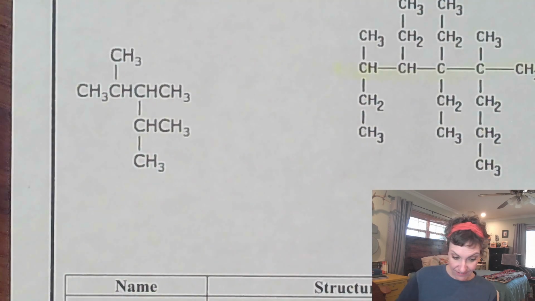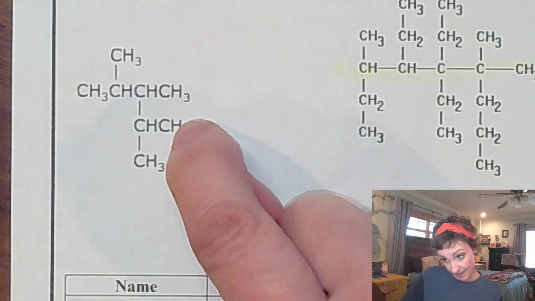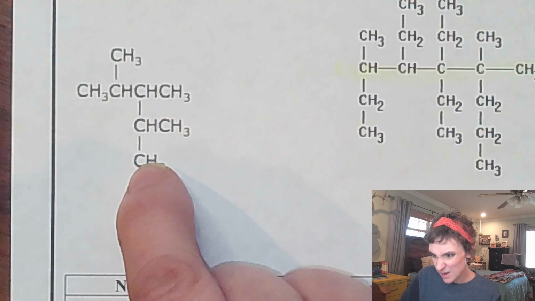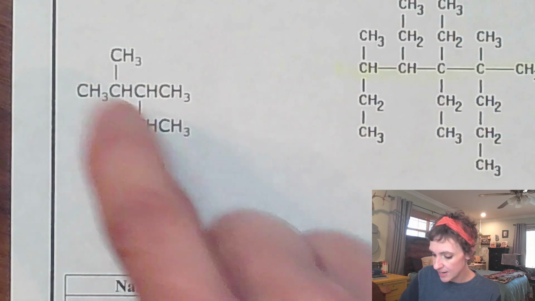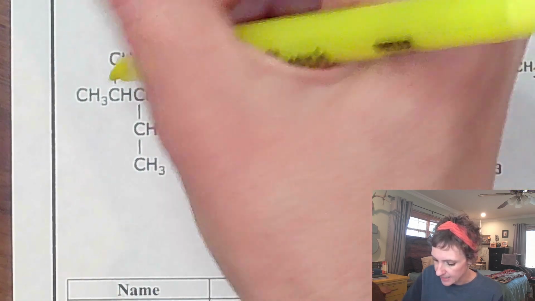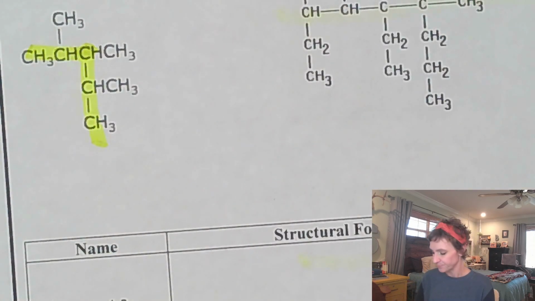So let's see if we can find it. We can go 1, 2, 3, 4, 5. That could work. It doesn't give me any weird branches on branches. Or I could go 1, 2, 3, 4, 5. Same thing. Both of these are an option. I don't want to do too much zigzag unless I absolutely have to. So let's just go straight on down and say that's my parent chain.